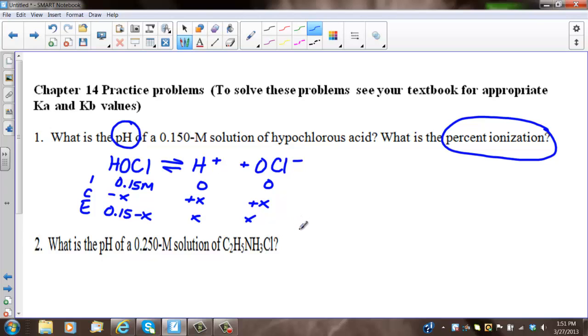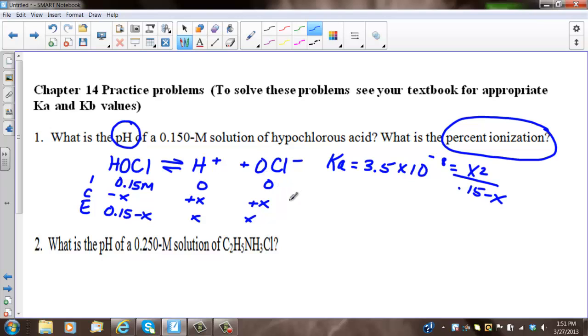And we need the Ka value for hypochlorous acid, so you could look that up in table 14.2. So the Ka is equal to 3.5 times 10 to the minus 8, and that's going to be equal to x squared over 0.15 minus x.